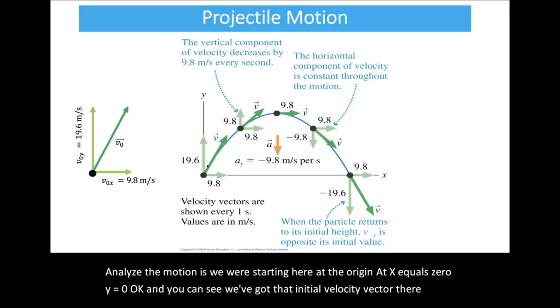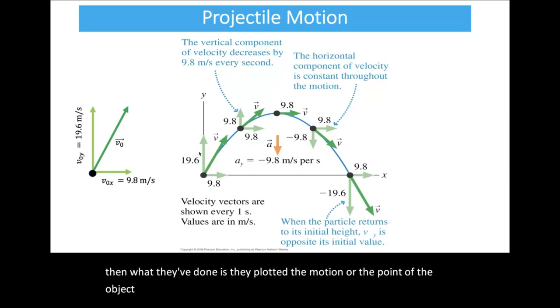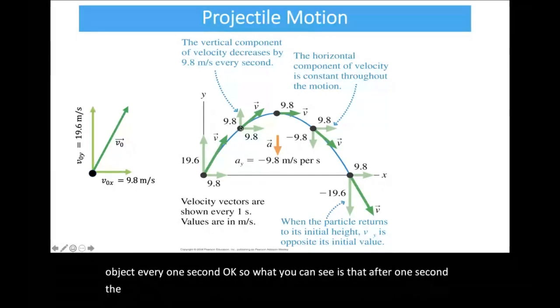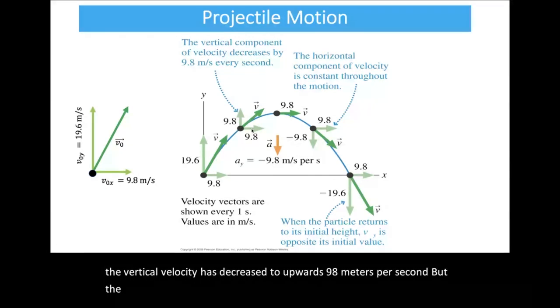And then they plotted the point of the object every 1 second. After 1 second, the vertical velocity has decreased to upwards 9.8 meters per second. But the horizontal velocity has not changed. It's still 9.8 meters per second to the right.